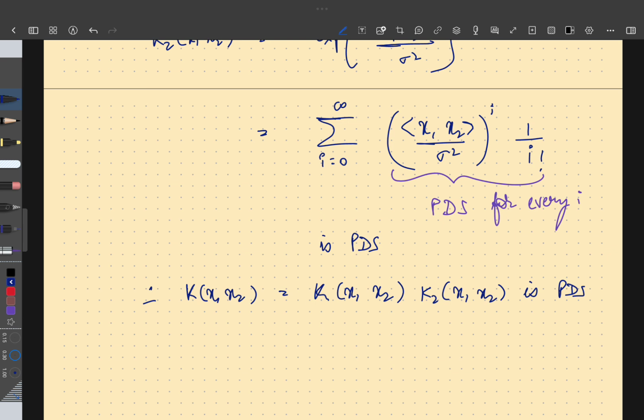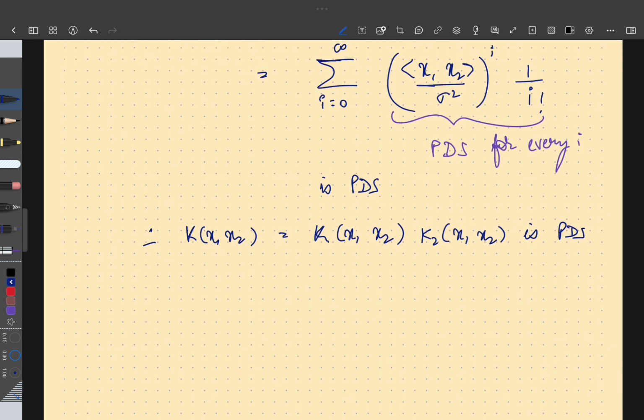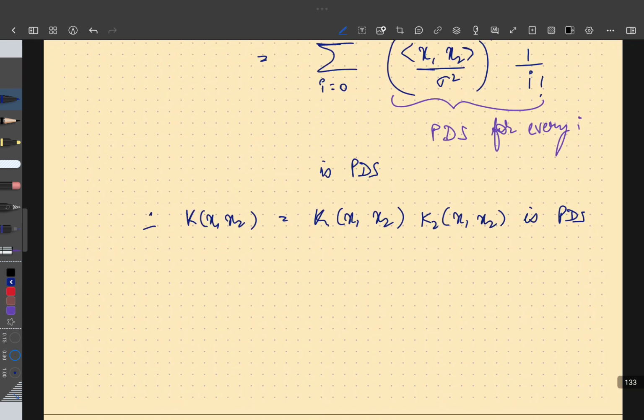The other way is to try to explicitly construct the embedding. All right, so I'll give you the embedding for R. Let x be in R, and define psi of x as an infinite-dimensional vector whose nth component is equal to e to the power minus x squared by 2 times x to the power n divided by square root of n factorial.